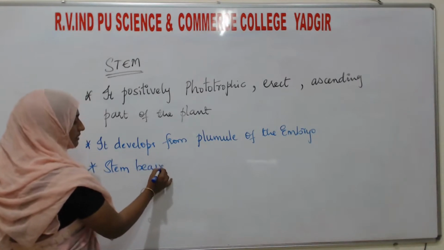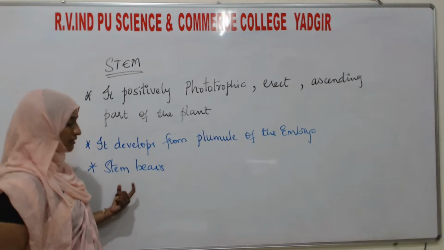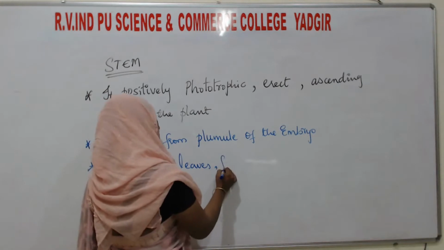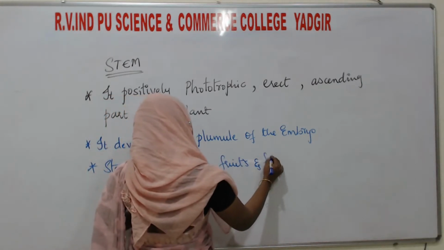What are the other parts of the plant which are borne by the stem itself? The stem bears the leaves, then fruits, flowers.